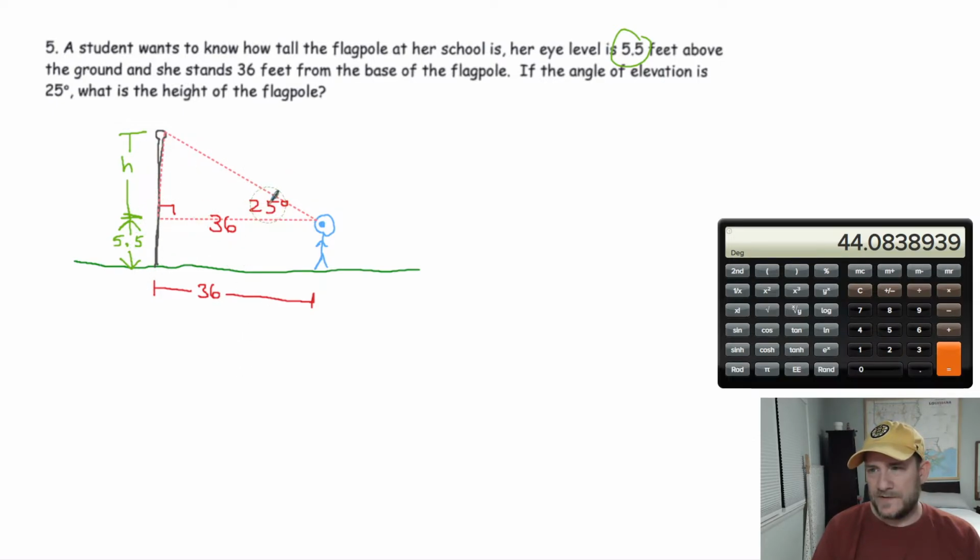So taking everything, 25 makes h opposite. This 25 says this 36 is adjacent. So we're writing a tangent equation. The tangent of 25 will equal h over 36. And we'll get that answer by cross multiplying.